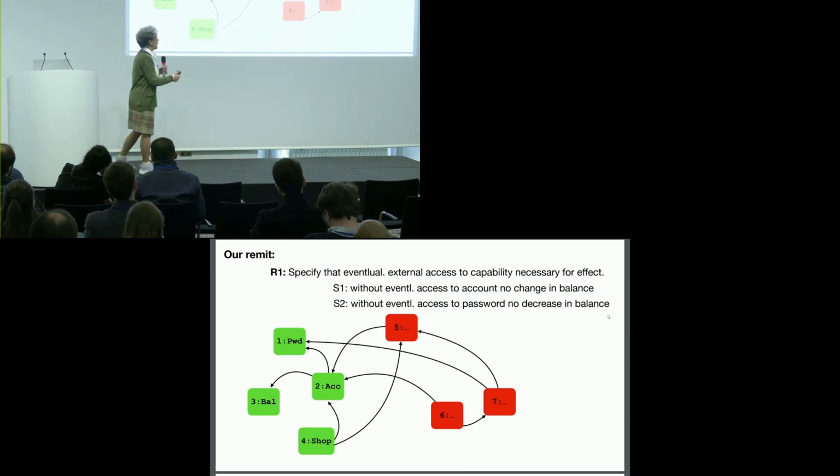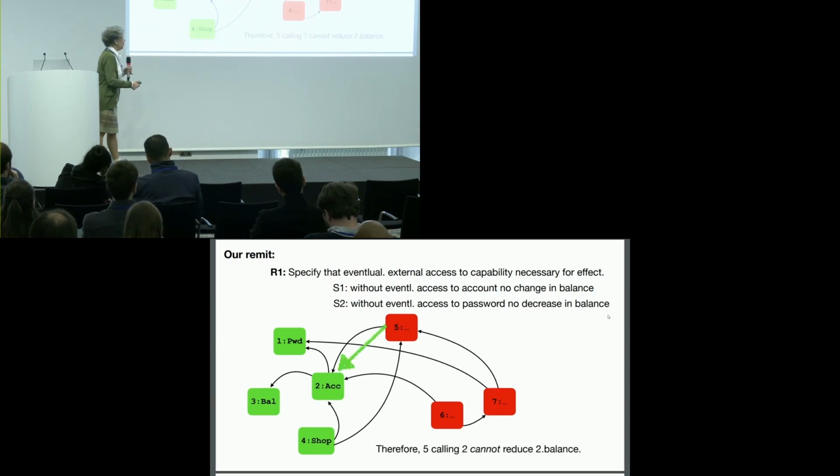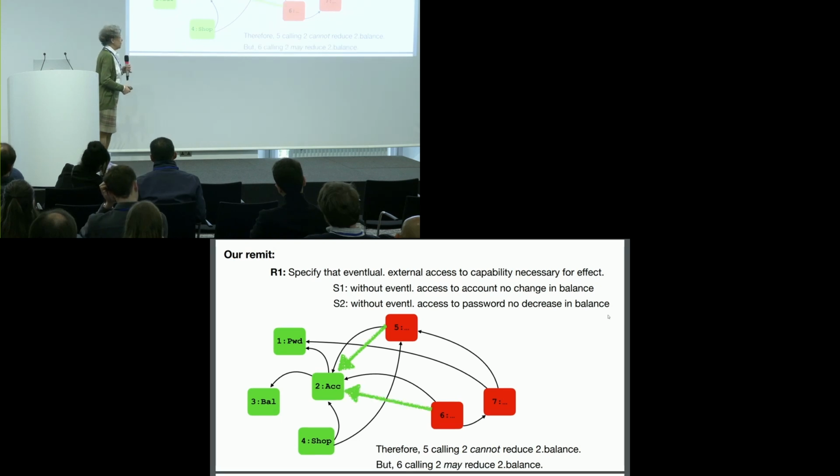So they're slightly different, and therefore 5, calling into 2, can pay into 2, so it can increase the balance, but it cannot reduce the balance of 2. On the other hand, 6 has got eventual access to the password because it can go through 7 and get to the password, so it may reduce the balance.